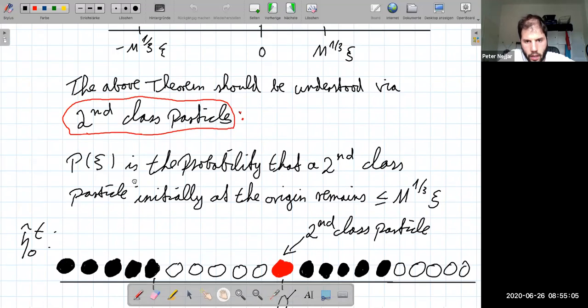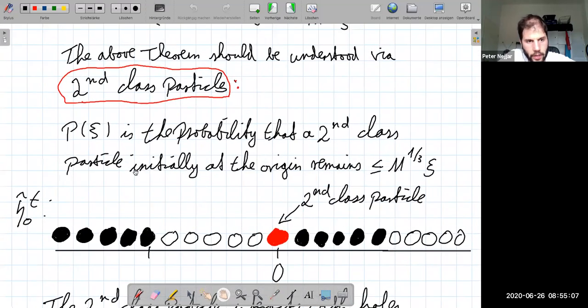So here you see a pictorial representation. I take the exact same initial data as before. However, I change one thing, namely, I replace the normal particle which was initially at the origin by a second-class particle, which is depicted in red.